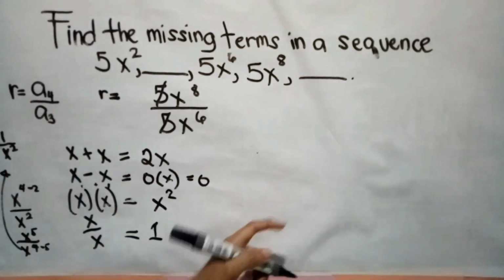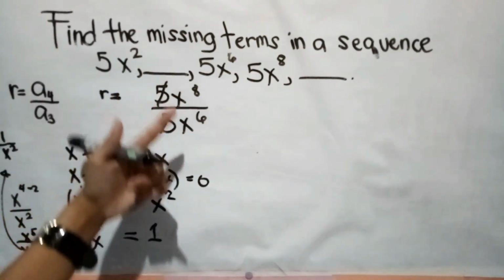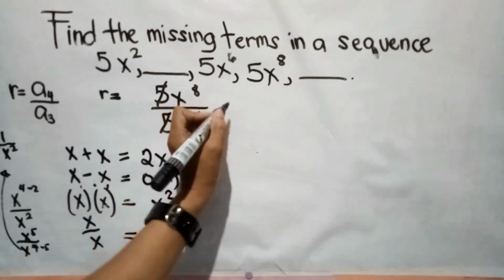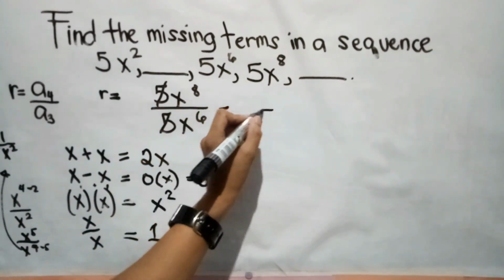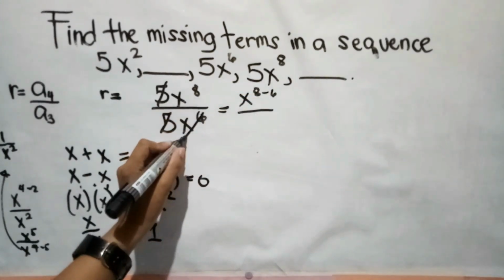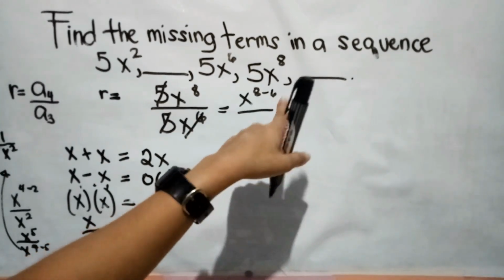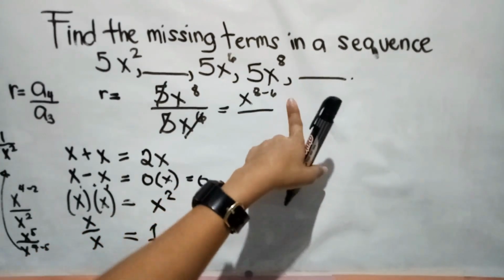So let's go back to getting the common ratio. So we have x raised to 8 divided by x raised to 6. So subtract the exponent. x raised to 8 minus 6. So cancel x raised to 6 because we put it at the top, at the numerator.